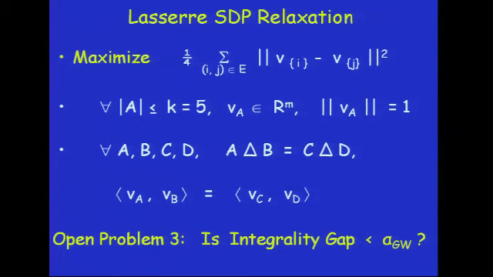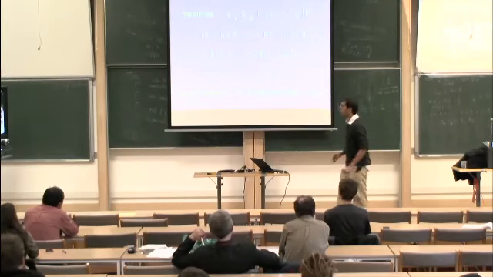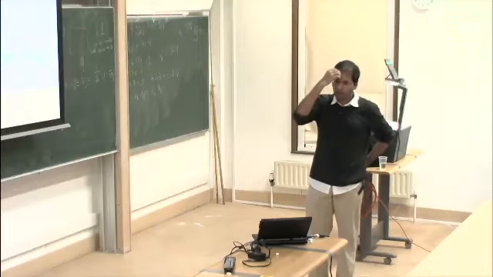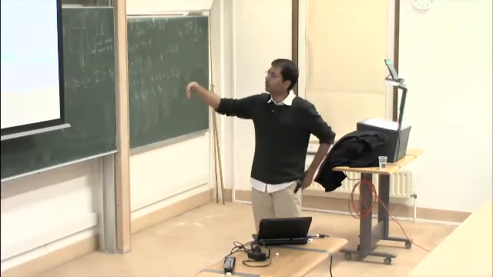For instance, you can show that there is an n-point negative type metric which requires distortion at least log n to embed into L1. Or even stronger, there is an n-point negative type metric such that every subset of size log n embeds isometrically into L1, but globally it does not embed into L1 with distortion even log n. So these are nothing but integrality gaps like this. And the next slide will at least give a hint as to how these integrality gaps are constructed.